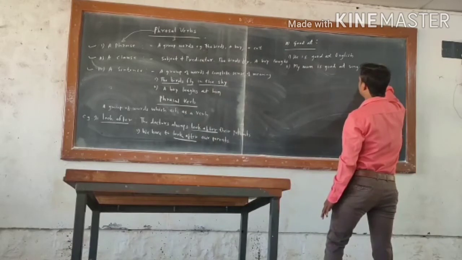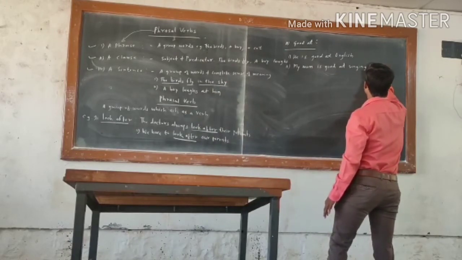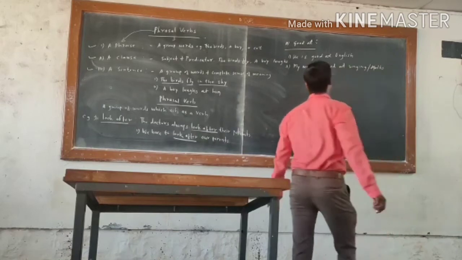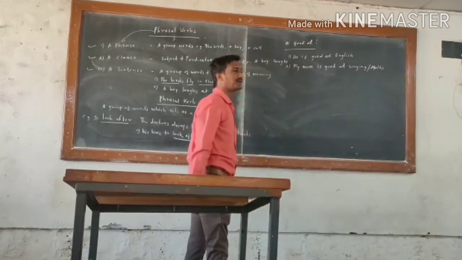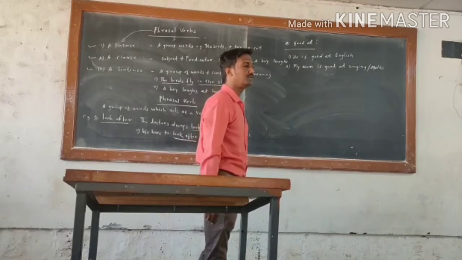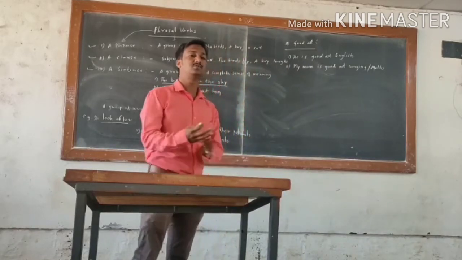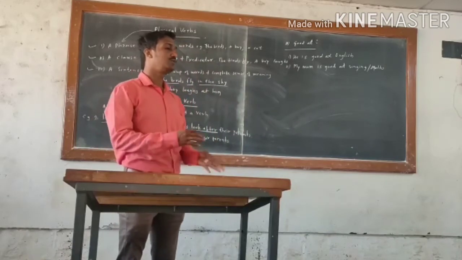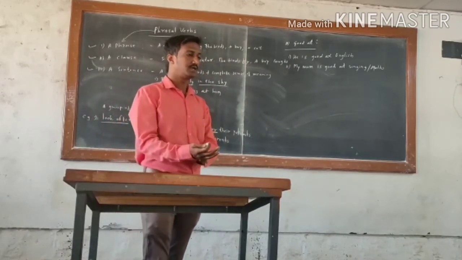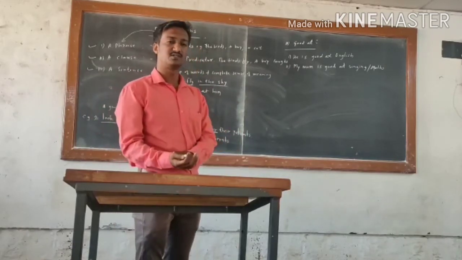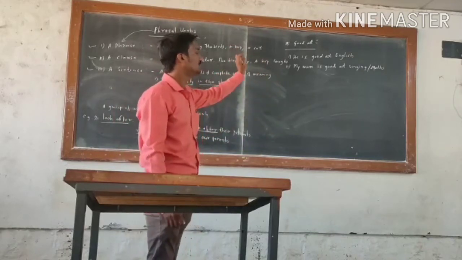She is good at mathematics or maths. My mom is good at maths. Now this is how you can make it. Somebody who is skilled in one particular subject, a person who does well in one particular subject, that person is called good at something.